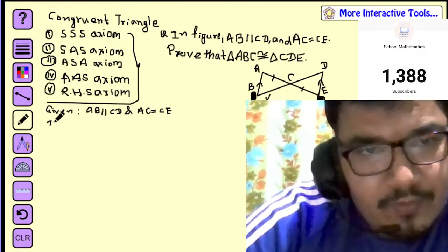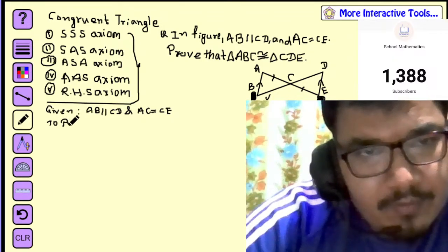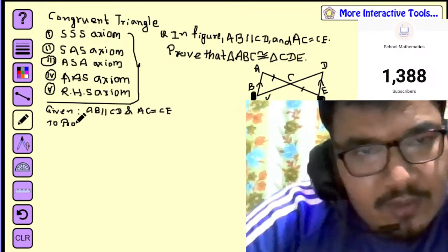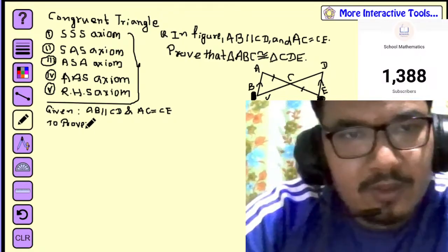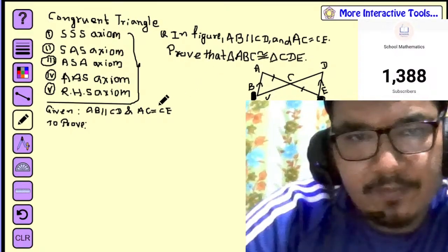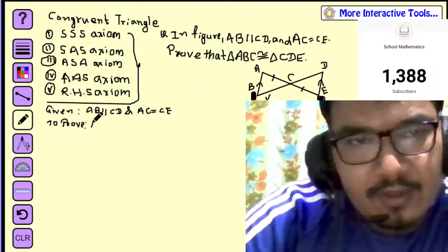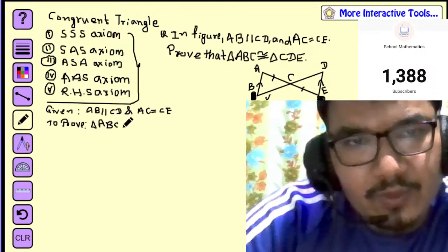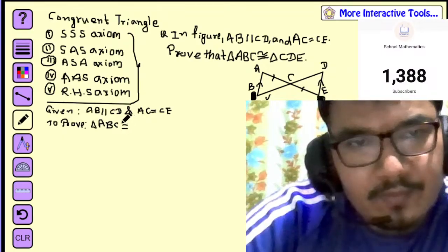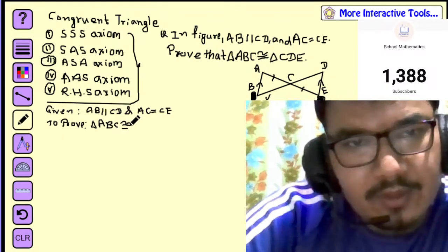Next one is To prove. Write the topic To prove here. In this, what we are going to prove is also mentioned in the question.